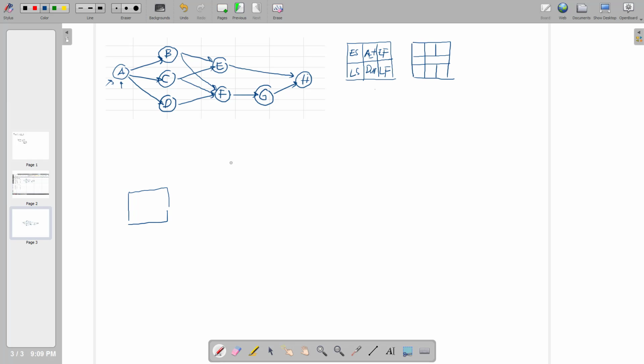This is A. I'm going to put B over here. Just bear with me because writing and drawing on the tablet is quite troublesome for me.